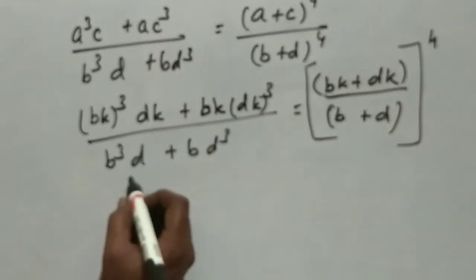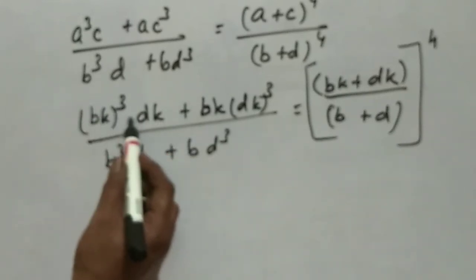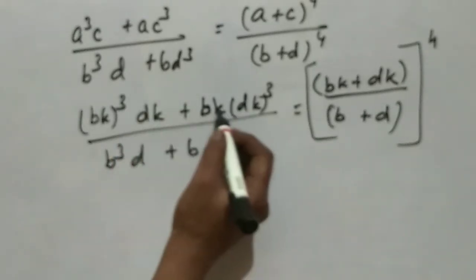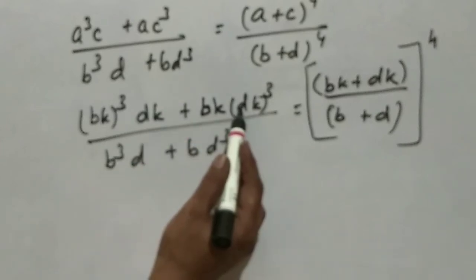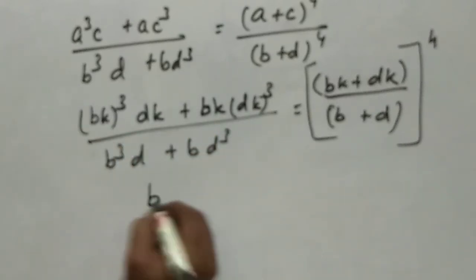Next, what you will write? Next, the common factor we have to take out. Here, b cube k cube, so here also k power 4 and here also k power 4. And then d and d, b and d, okay, common.